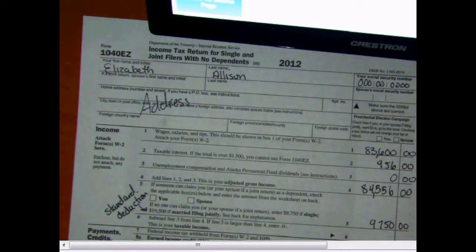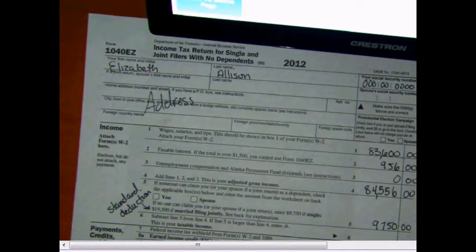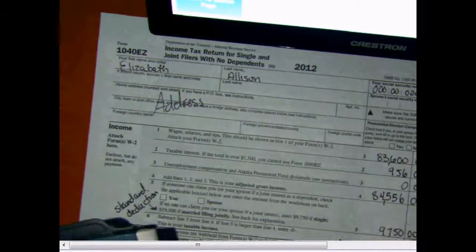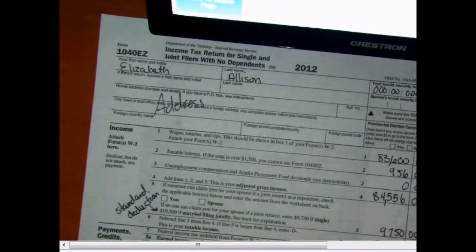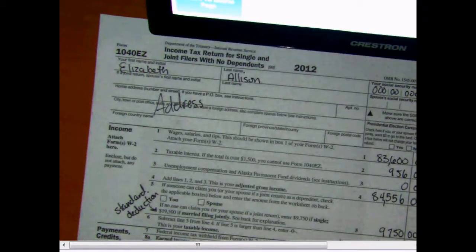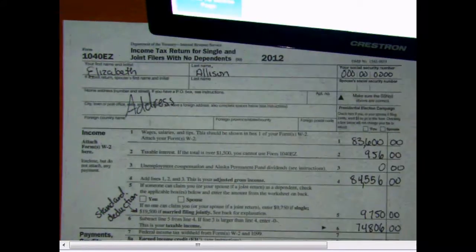These two numbers get subtracted, and that gives us her taxable income. Okay, so far?